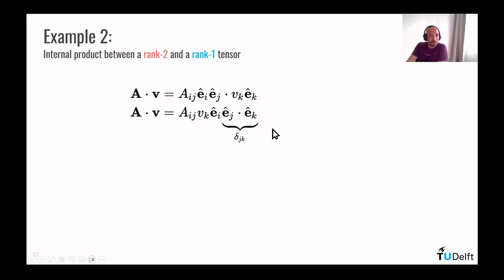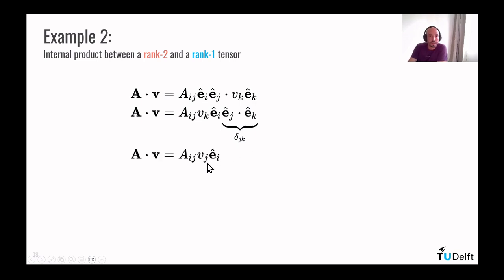This we know can be replaced by the Kronecker delta function, and as you saw in the last example, this means that we can eliminate these two directions. We can just remove them and replace j by k, or replace k by j. Let's see what I've done here.